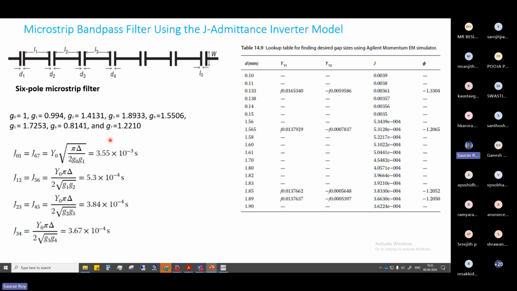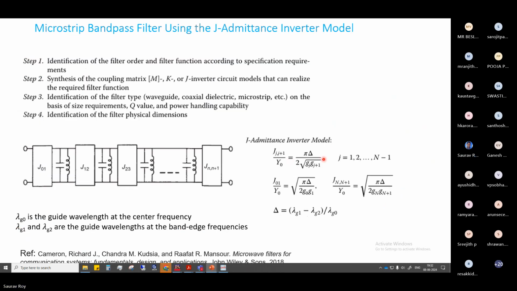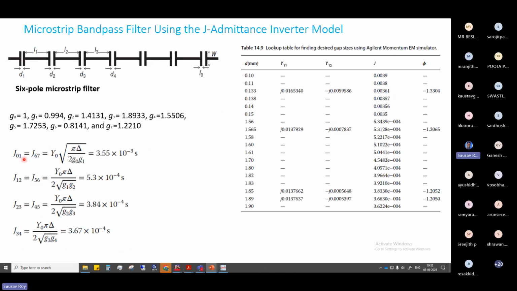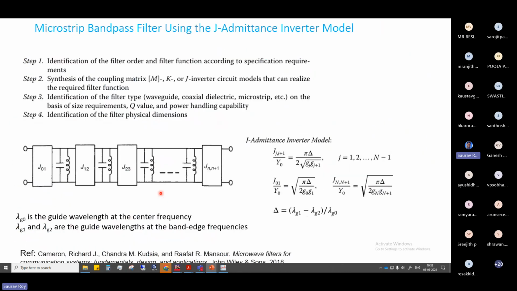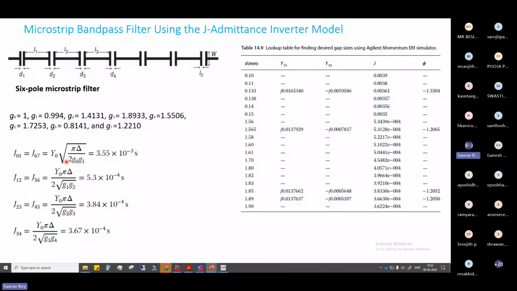Then from this previous equation, these equations here, what do we calculate? These J values, J0,1 means from the 0th stage to the first stage, what inverter is connected. Here you see 0,1, 1,2, 2,3. That means from the 0 stage to the first stage, what is the inverter connected. So these you calculate here. For given all these values, you can calculate. Now, there is no direct equation that links this gap.